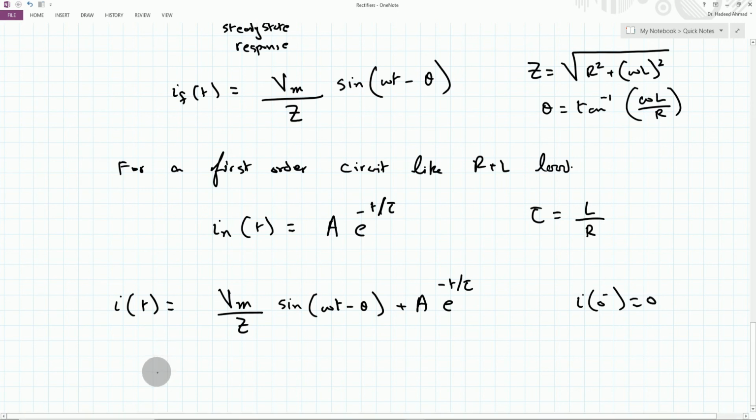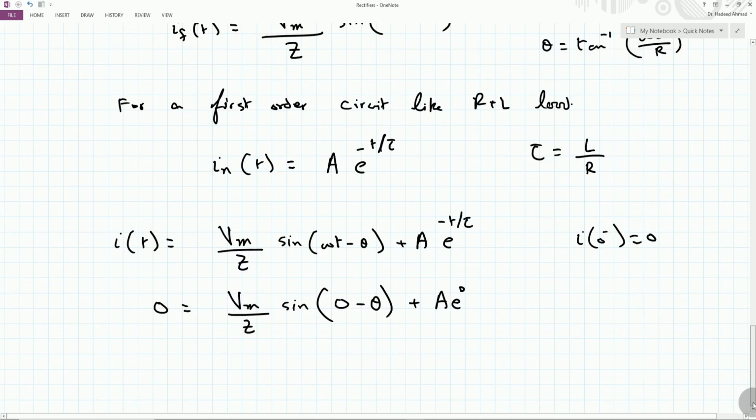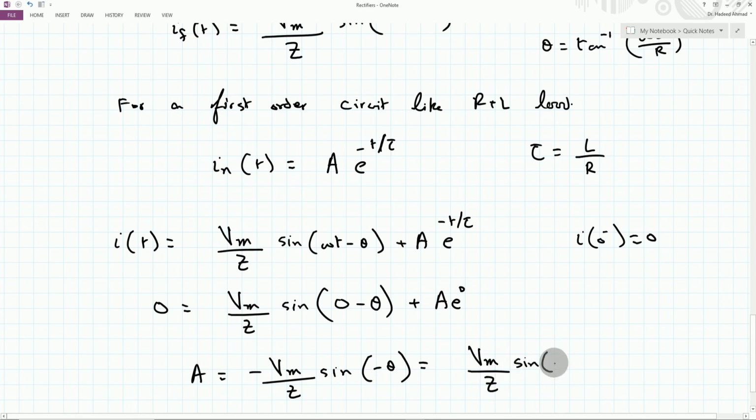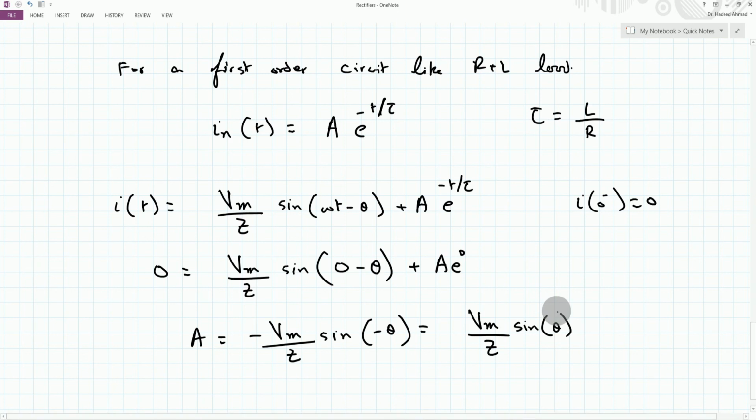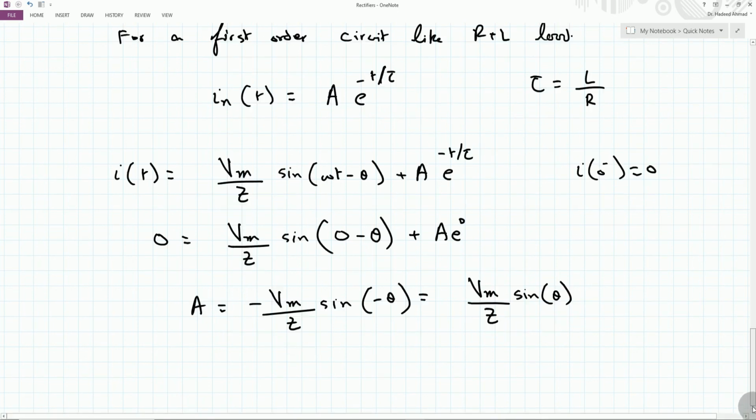Then by putting t equal to 0, we get Vm over Z sine(0 minus theta) plus A e to the power 0 equal to 0, and this gives me the value of A, which is equal to minus Vm over Z sine(minus theta), and this can be represented as Vm over Z into sine theta.